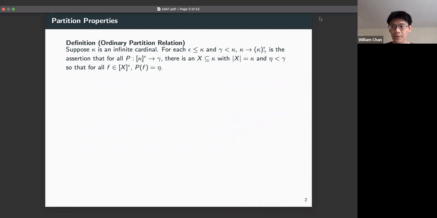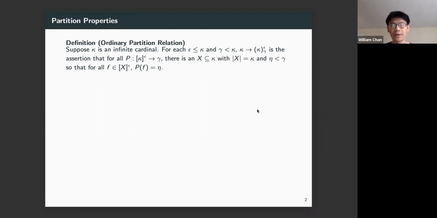If kappa is an infinite cardinal, epsilon is less than or equal to kappa, and gamma is strictly less than kappa, then we write kappa arrows kappa epsilon sub gamma to be the assertion that for every partition of kappa to the epsilon into gamma many pieces, there is a subset X of kappa with X the size of kappa, so that every f passing through X lands in one particular part of the partition.